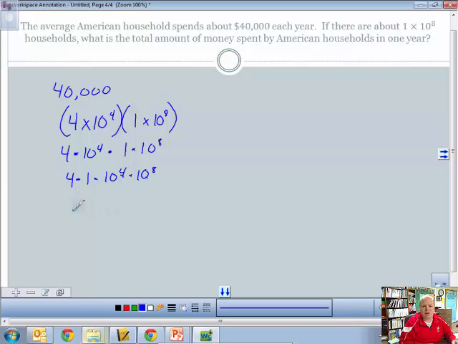Now, 4 times 1 is 4. 10 to the 4th times 10 to the 8th. Remember when I'm multiplying, if I have the bases that are the same, I can add the exponents. I have 4 plus 8, which is 12. So 4 times 10 to the 12th. Okay? So therefore, the American household spent about 4 times 10 to the 12th dollars each year altogether.